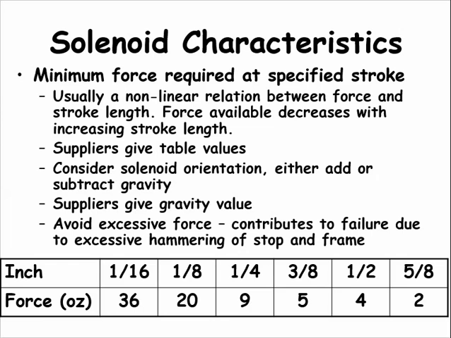You need to check if the suppliers gave you the force value with or without gravity. Another thing to avoid when selecting a solenoid is purchasing excess force. If the solenoid coil generates excess force, the continuous hammering of the stop and the frame leads to premature failure.